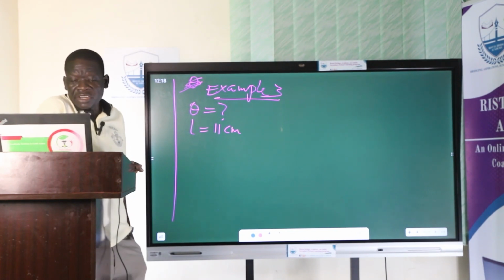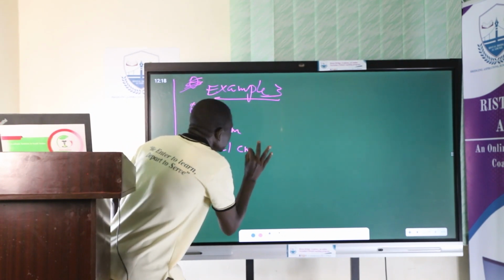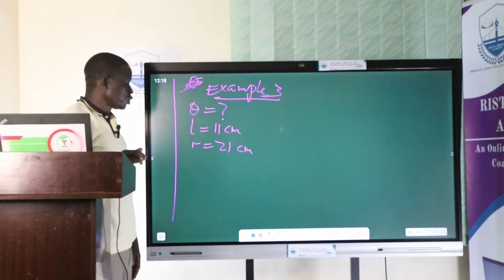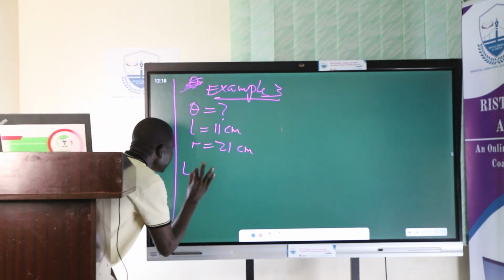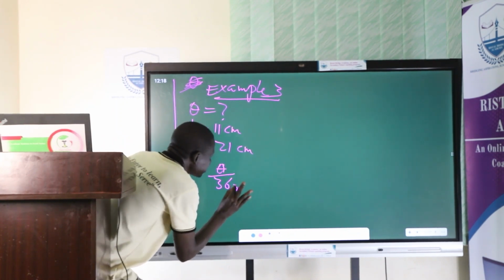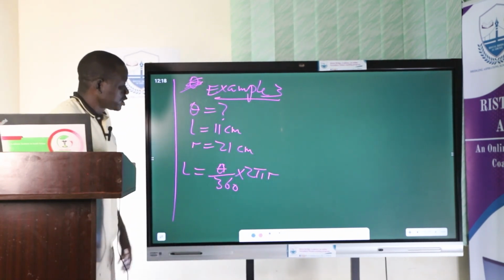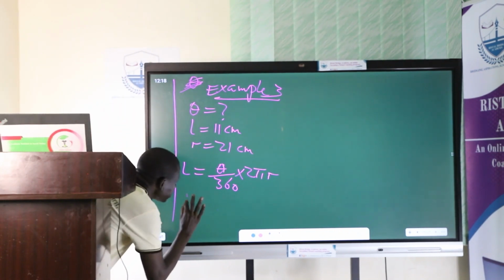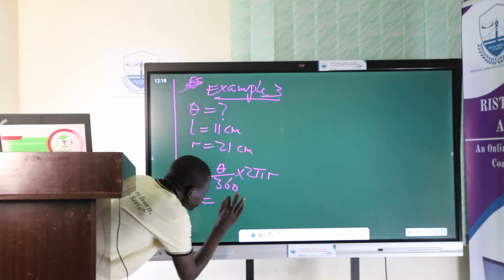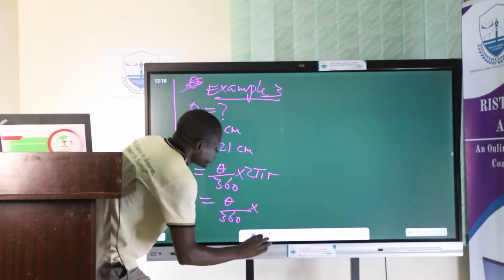So here the formula is also the same. We know that the length L is equal to theta over 360 times 2 pi r. Then we substitute where there is L, we put 11 is equal to theta, theta we don't know it, we leave it as it is, over 360 times 2 times pi, which is 3.14, then times the radius, which is 21.